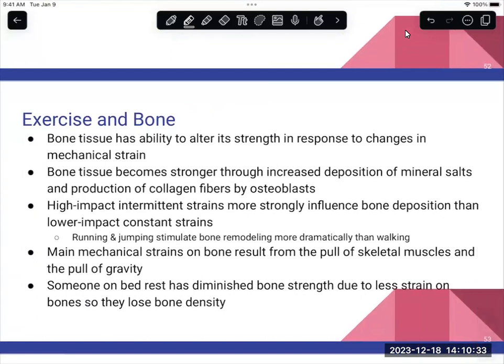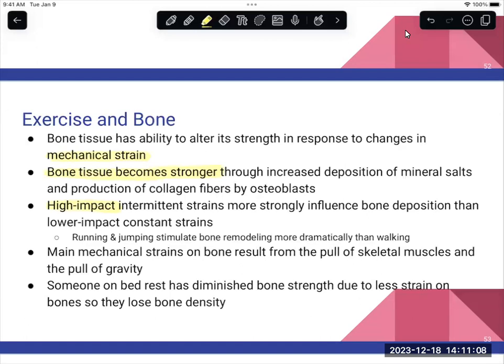I mentioned exercise. So by putting strain on your bones is actually going to make your bones stronger. By putting that mechanical strain, your bones become stronger. High impact is going to influence your bones more than lower impact.